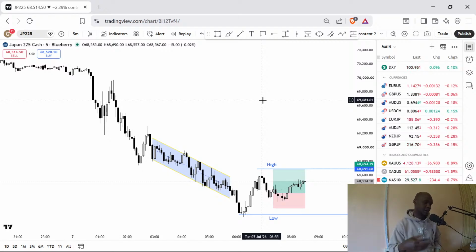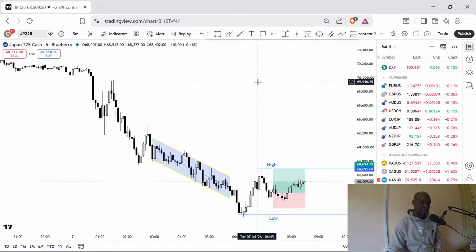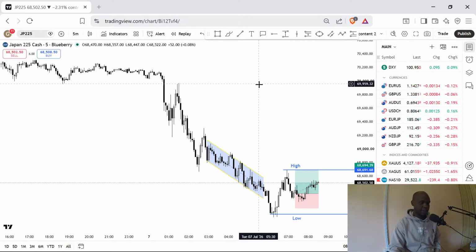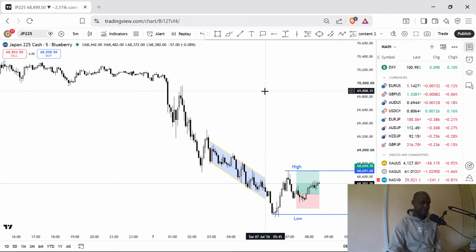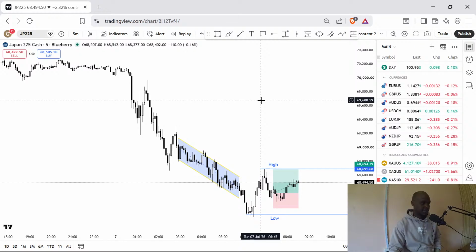You have to allow price to come to your area or to play according to how you usually manage your trades or your trading plan. It's not about forcing trades. So this trade might end up being a loss, which will be completely fine with me, considering that this is a high probability setup. It is exactly the type of trade setup that I look for.